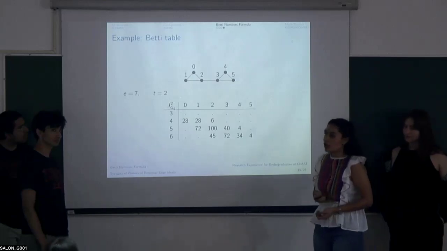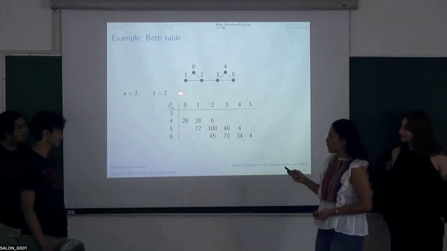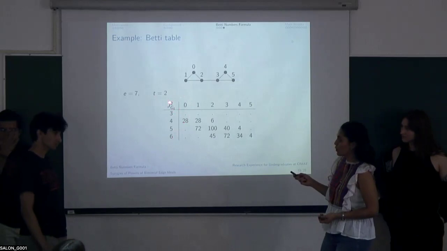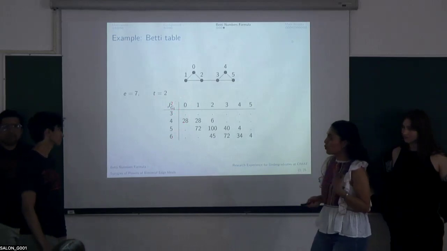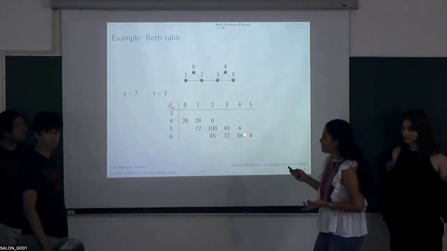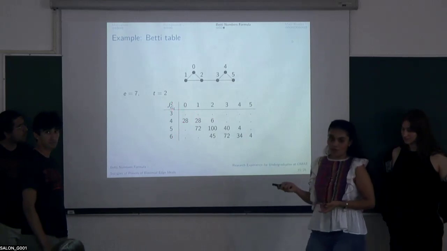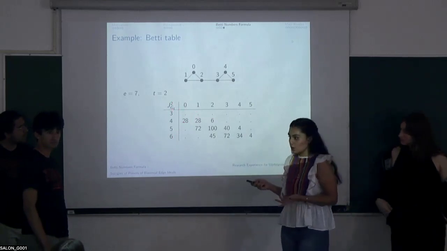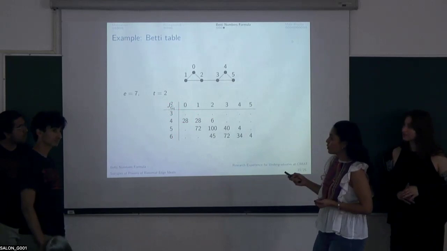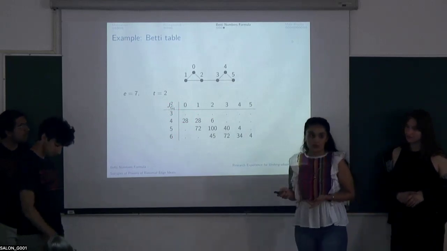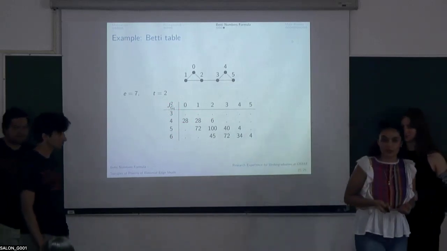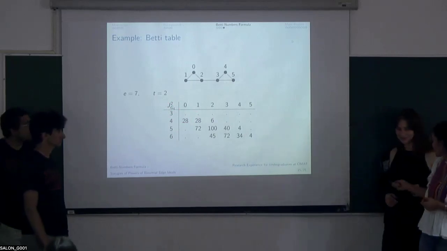Okay, so we have this for JG squared, but we want to extend these formulas to JG to the M. To do that, we need to explain the Koszul complex, and that will be so easy.